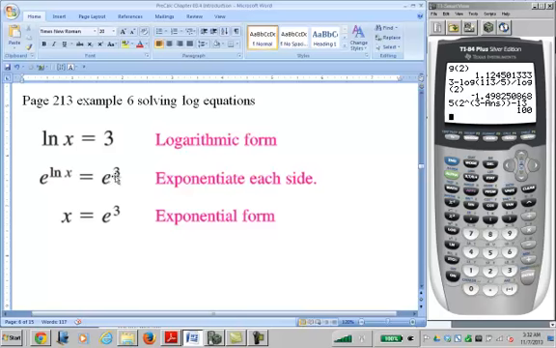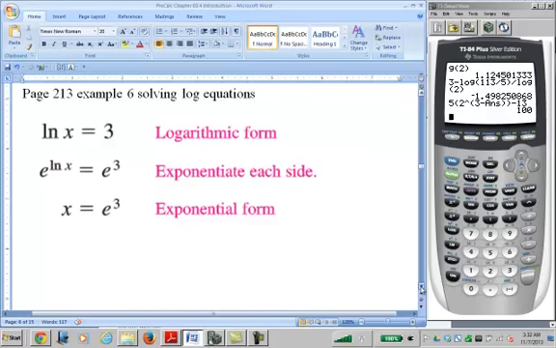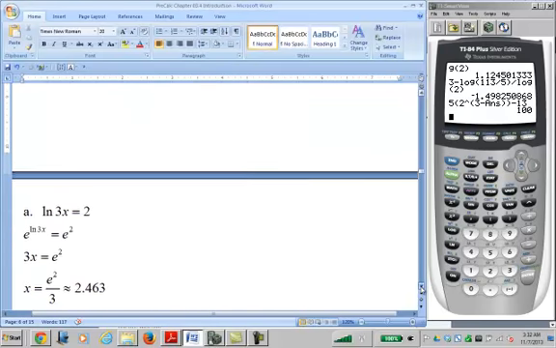We still have an equation. E raised to the power of the log base e, which is ln, of x is going to equal x, and e to the 3 is a number which we can evaluate on the calculator. So x equals e to the 3.